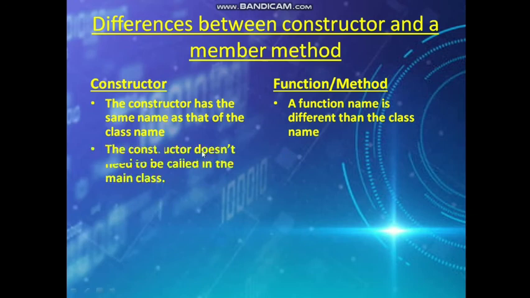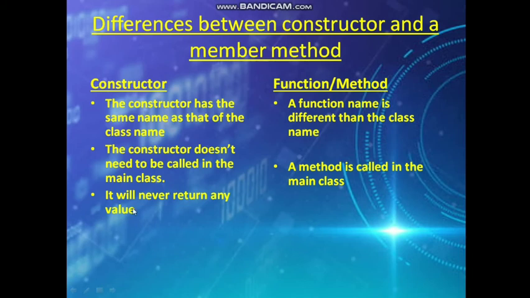Second point, the constructor does not need to be called in the main class. So whenever an object is created, automatically the constructor will be called, whereas a function is called in the main class to get activated. The next point, it will never return any value. So a constructor will not return any value.